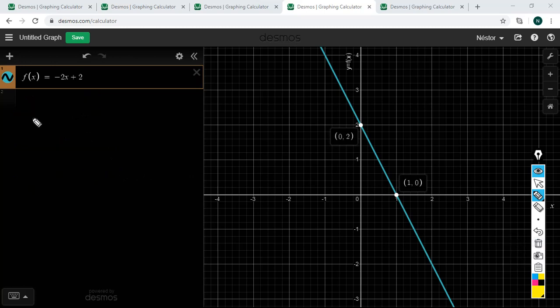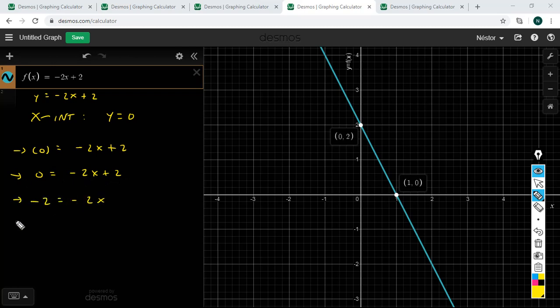Now the x-intercept, very quickly. We make y equals 0. So let's do it. 0 equals minus 2x plus 2. Then minus 2x equals minus 2.